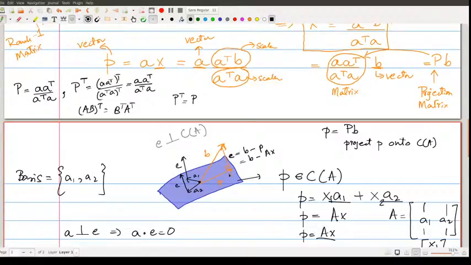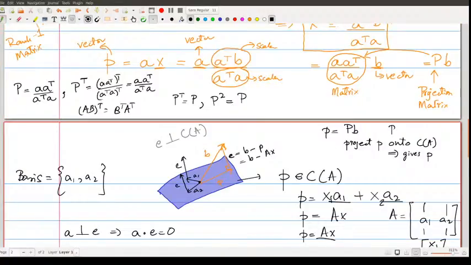I should get the same thing because p is already in the column space. So there's no other component that we can remove, which means it should still give me the vector p. Projecting p onto C of A gives p itself, which means if I take P squared, it should be the same P.